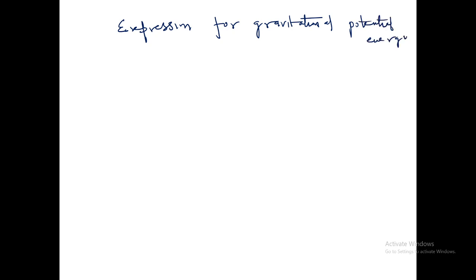So as far as the expression for gravitational potential energy is concerned, suppose there is a block which was earlier on the ground, so this is its initial position, right?